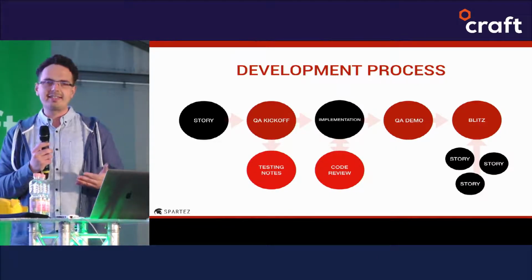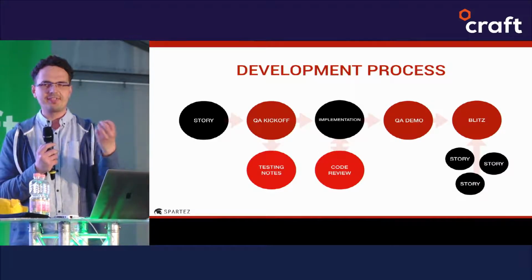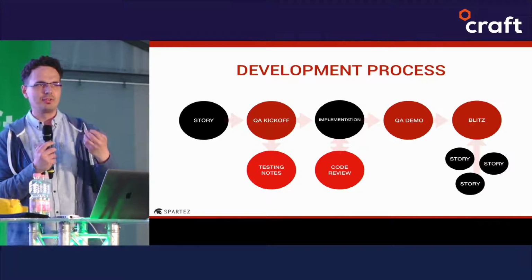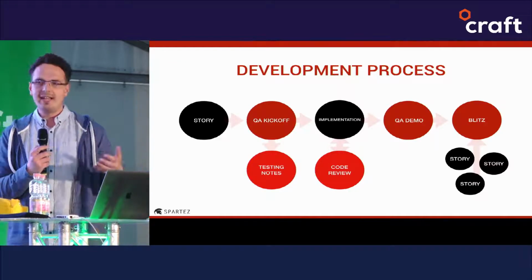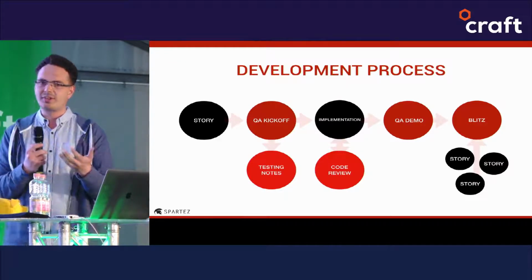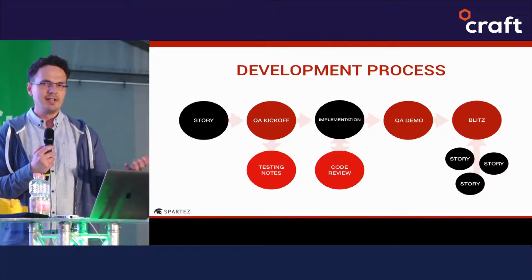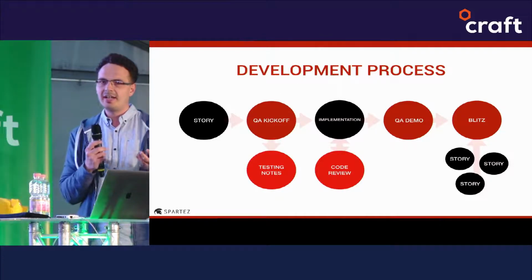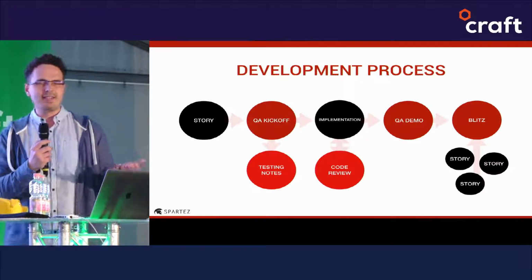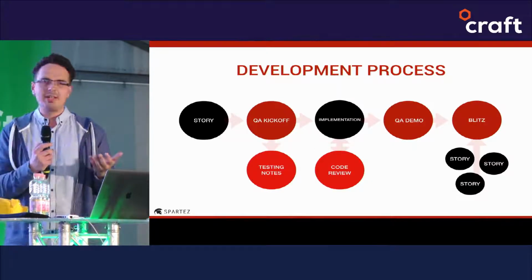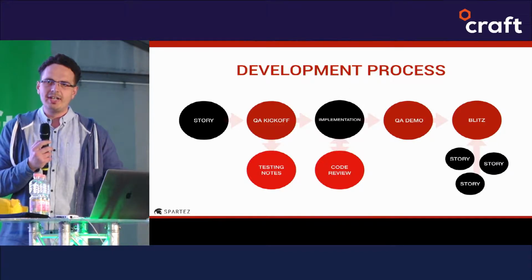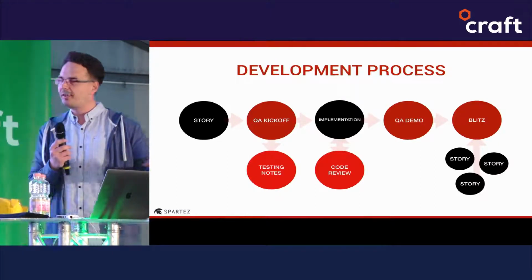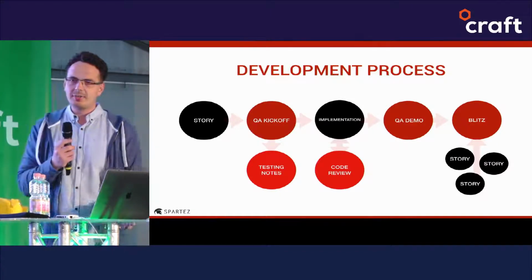The idea is that the engineer who picks up a story, who is assigned a story, is looking for another pair of eyes and discusses the story with that other person. Some teams have people in the role of quality assistants. Some teams don't have that role. Some teams need to pair with other developers.